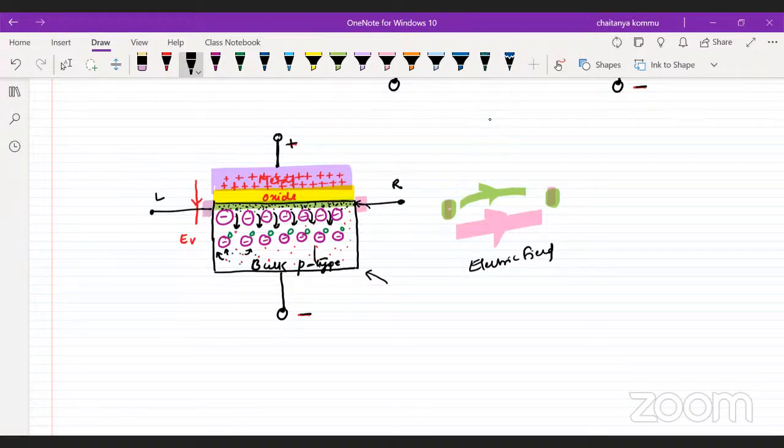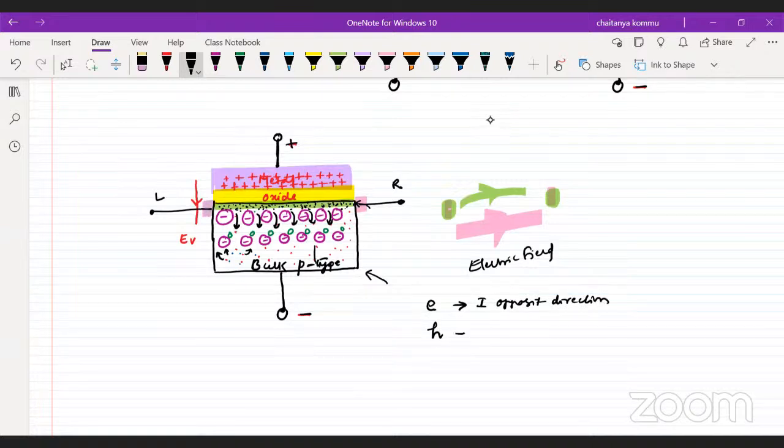If the carrier is a hole, then in which direction will the current flow? It follows the direction of the hole, that means left to right. If the carrier is an electron, the current will flow in the opposite direction. This is the simple fundamental.